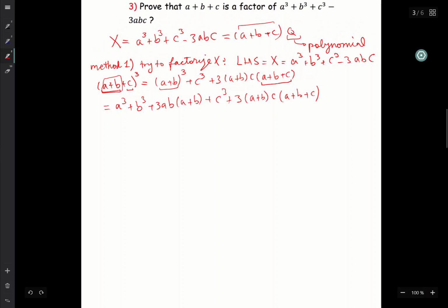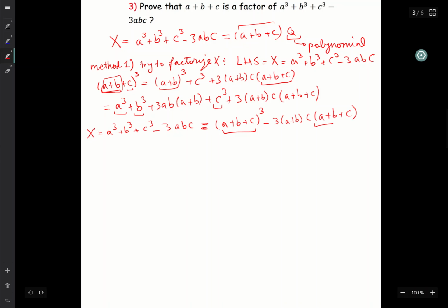We're looking for a cubed plus b cubed plus c cubed minus 3abc. So our x, which was a cubed plus b cubed plus c cubed minus 3abc, is equal to (a + b + c) cubed, which already has a + b + c, minus 3(a + b)c(a + b + c).